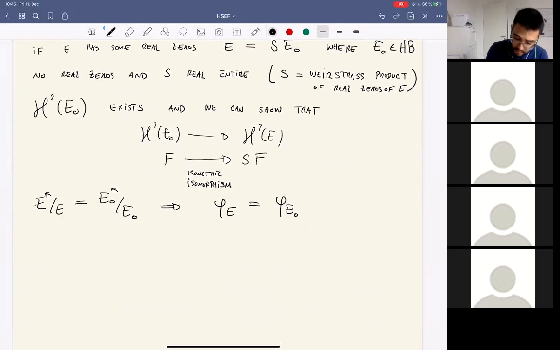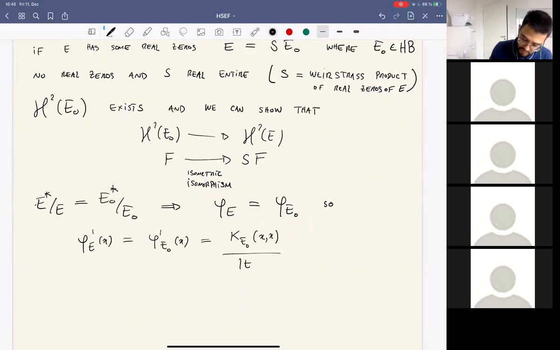And so you can compute this derivative. That would be just the derivative of phi of E naught at x. But then we have a formula. E naught doesn't have any real zeros, so it's the reproducing kernel associated with E naught, evaluated at (x,x), divided by modulus of E naught of x squared. As E naught doesn't have any real zeros, this is strictly positive.